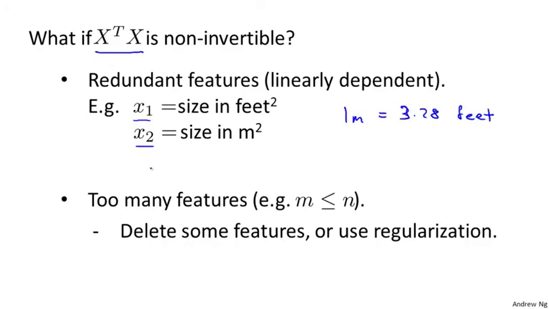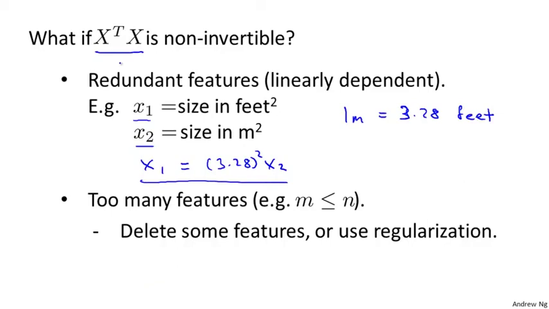And so your two features will always satisfy the constraint that x1 equals 3.28 squared times x2. And you can show, this is somewhat advanced linear algebra now, but if you're an expert in linear algebra, you can actually show that if your two features are related via a linear equation like this, then the matrix x transpose x will be non-invertible.